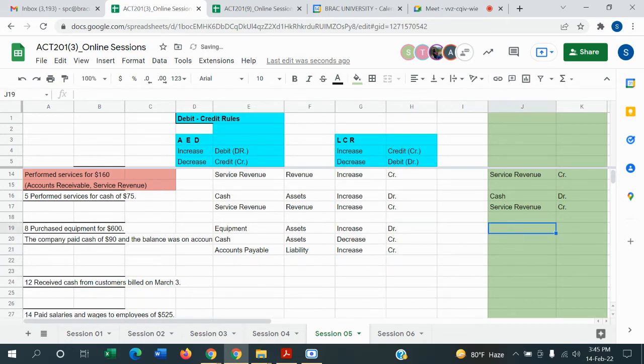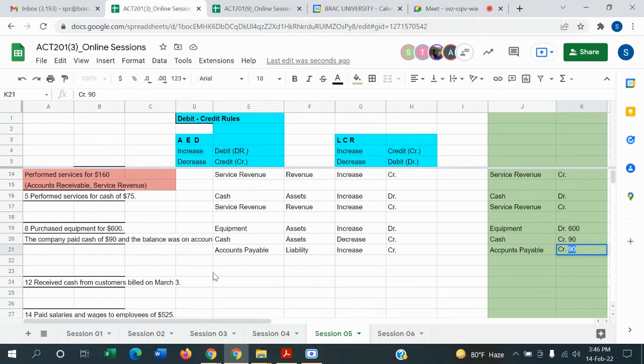So if I want to write it here: equipment debit by 600, cash credit by 90, accounts payable credited by how much? 90?